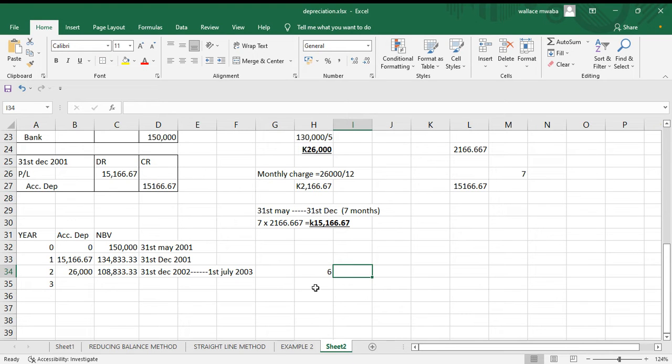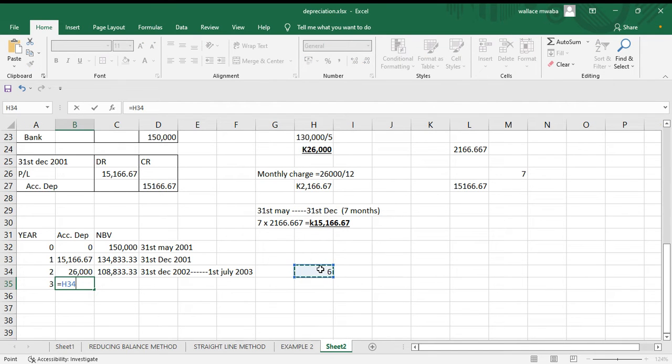All right, so now we multiply 6 months by our monthly charge, which is 2,166.67. So we're going to say 6 times 2,166.67.